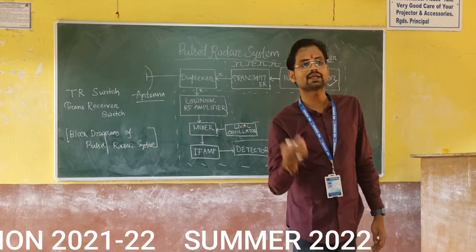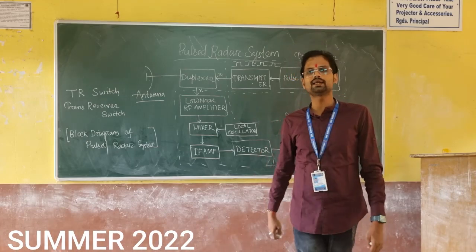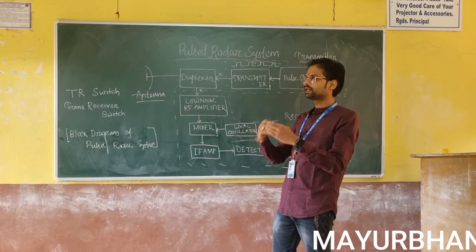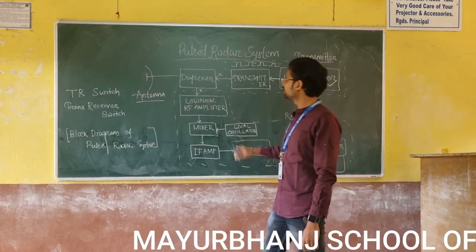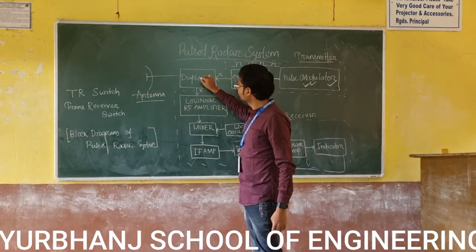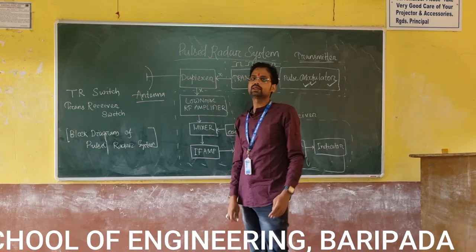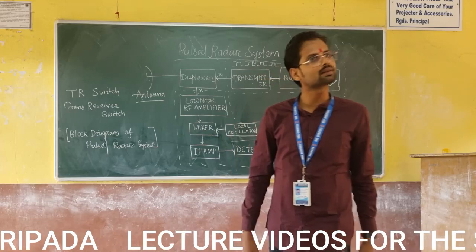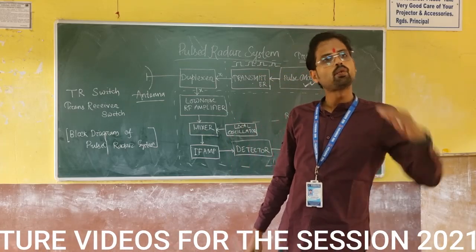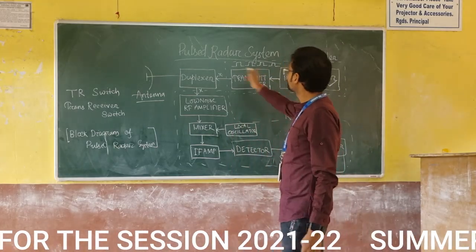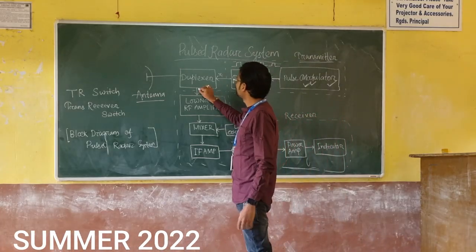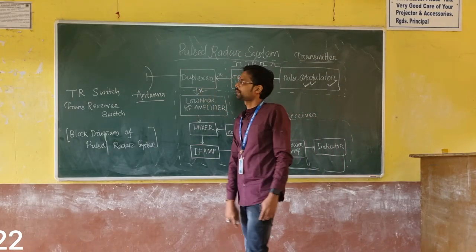Because the transmitted pulse modulated signal has a very high voltage or a very high frequency. So if it goes through the receiver section, it may damage the whole system in the receiver section. So while transmitting the high frequency pulses, it will close the path of receiver.